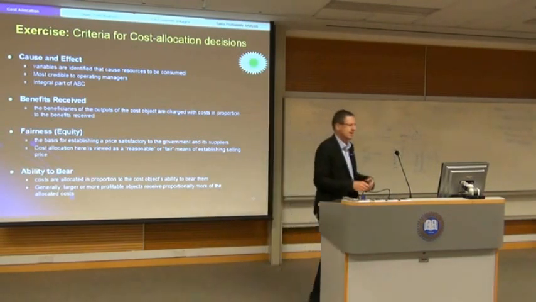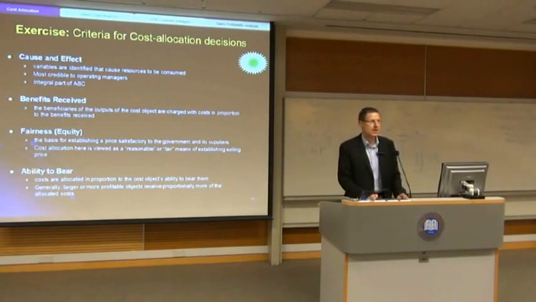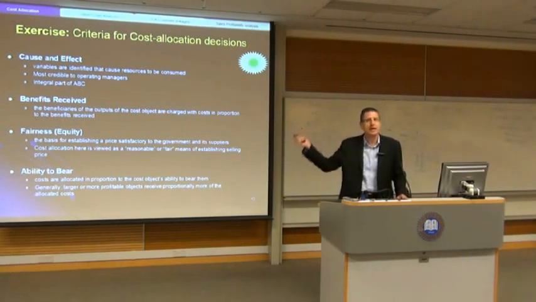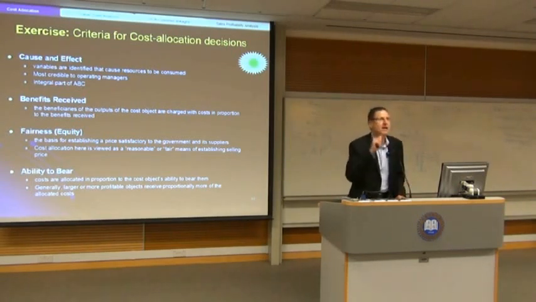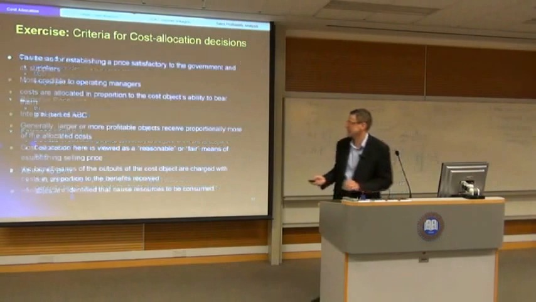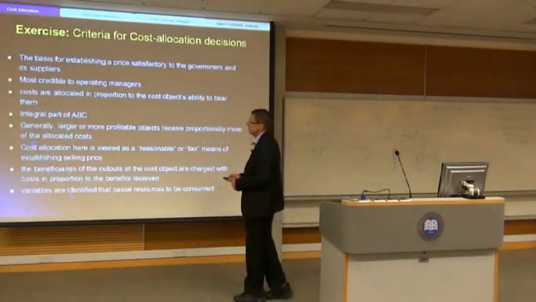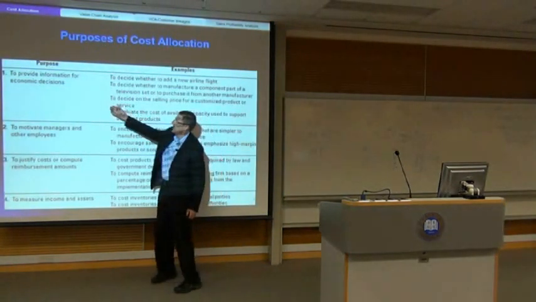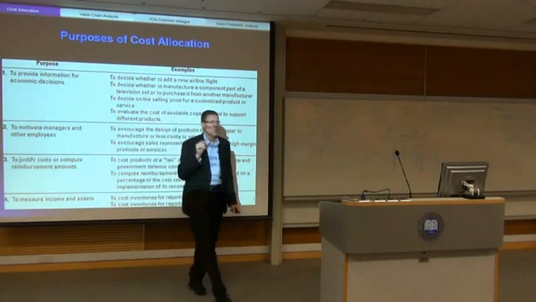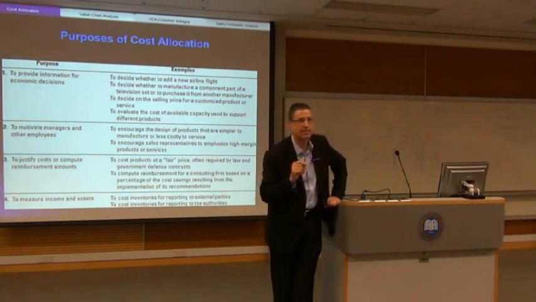I want you to think about this. This is kind of like a theory of cost allocation. So you can choose that as the basis depending on your objective. If your objective is to provide information for economic decisions, which do you think the best basis will be?